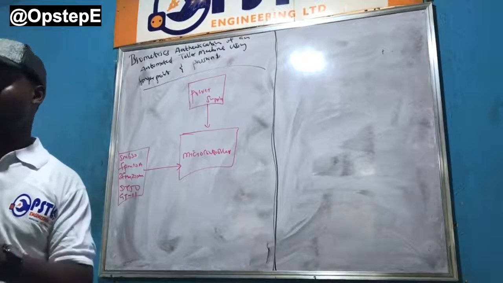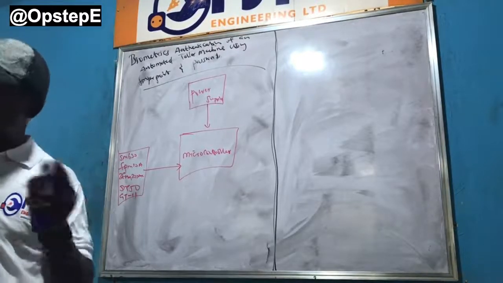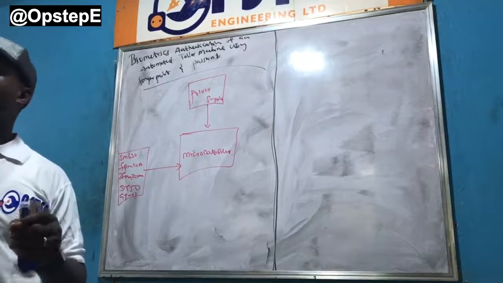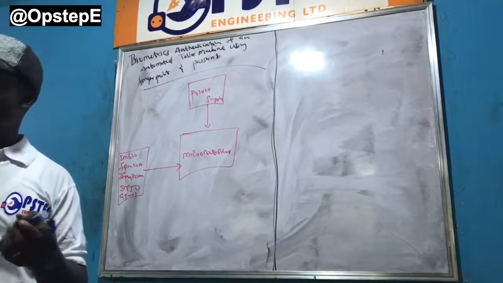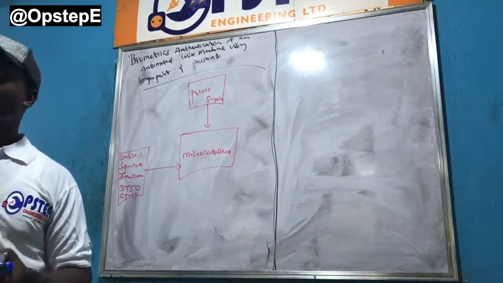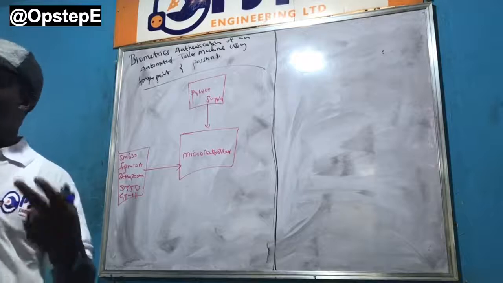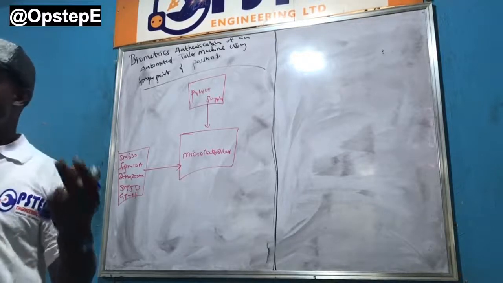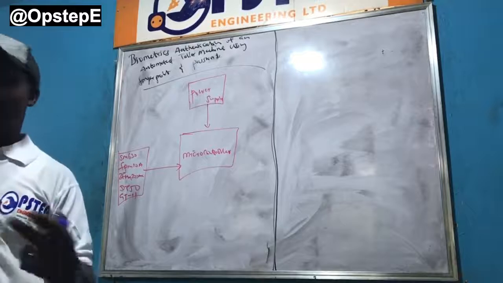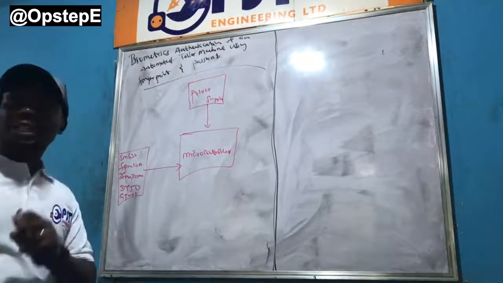Current requirements, 100 milliamp, 150 milliamp, 1 amp, 1.5 amps. You're going to know the number of prints it can store. Then how you communicate with it. Its communication means whether it is UART, whether it is I2C, whether it is SPI, whether it's one wire. Are you with me? So it's from the manufacturer data sheet you get all of that.